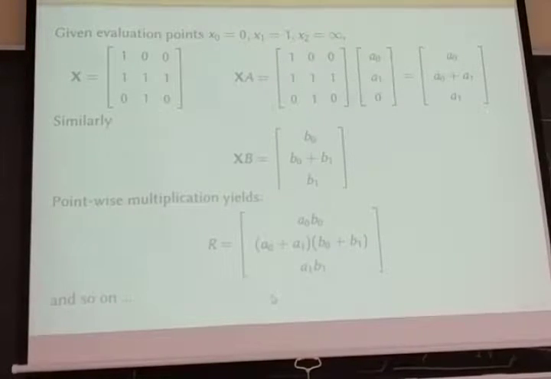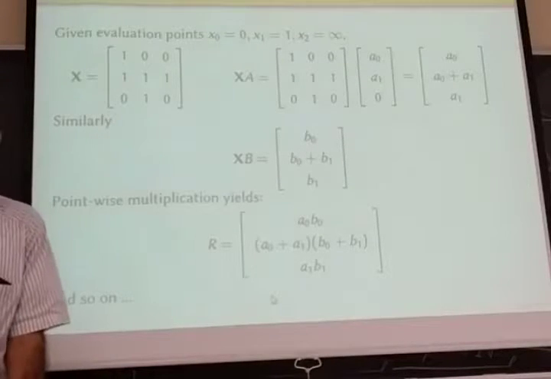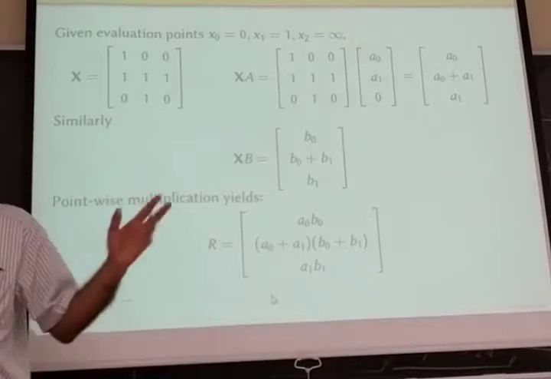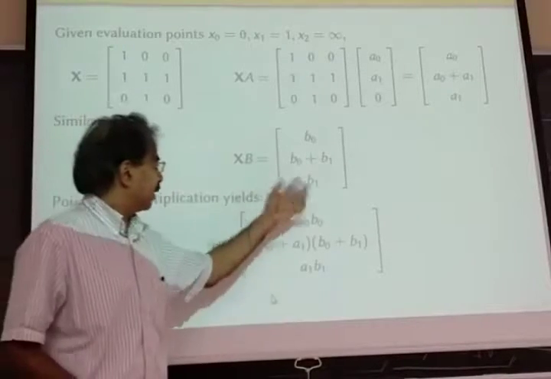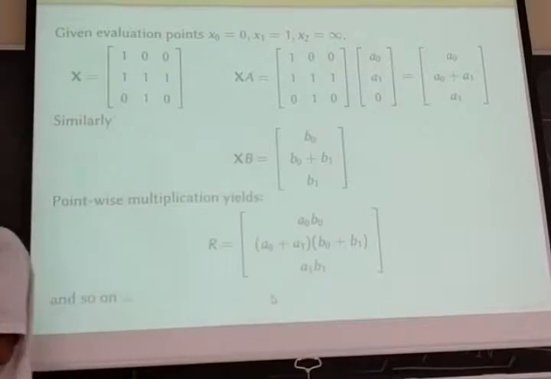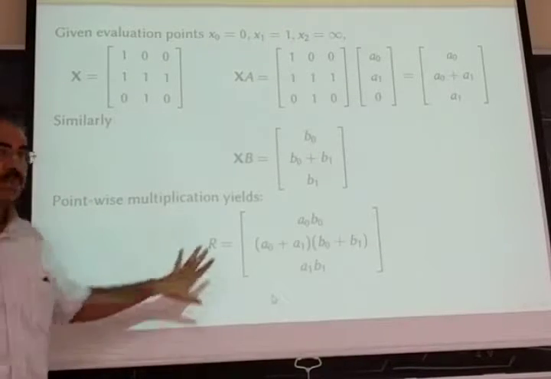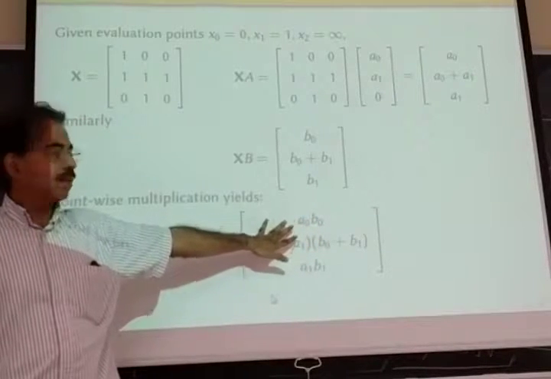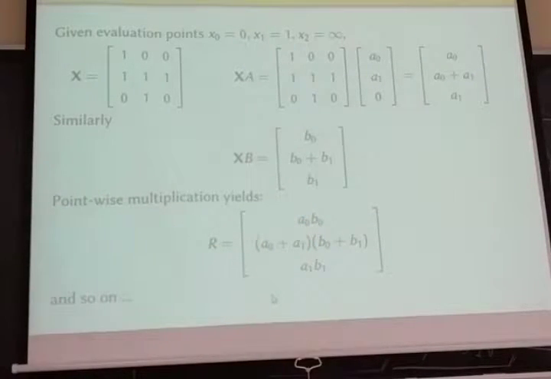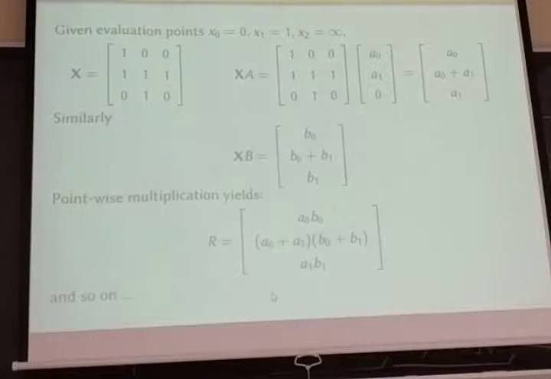We just did this mindless thing of evaluating it at some points and doing a pointwise product, and that ended up automatically picking the right things to multiply. Okay, and if you compute the x inverse and do the final step, you will see that the rest of the Karatsuba algorithm also falls out of this. I'm not going to spend time on that. I'll just leave it as an exercise for you to do, because that way it'll force you to understand exactly what's going on, right?